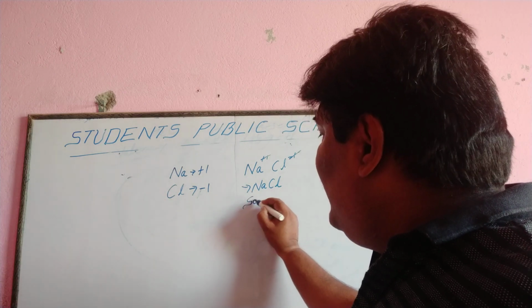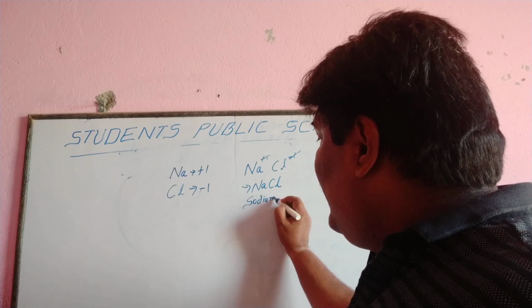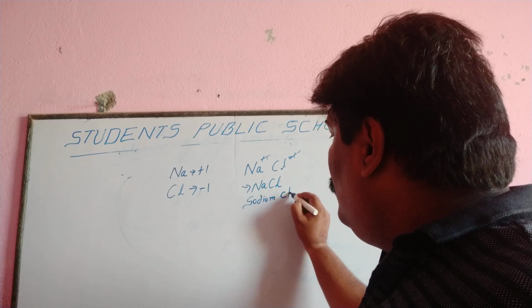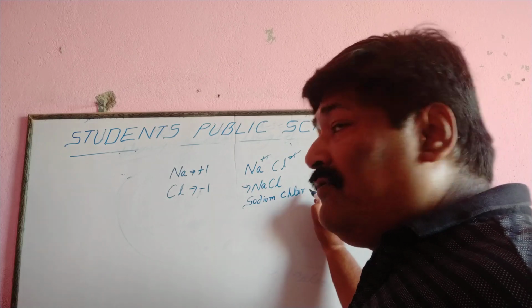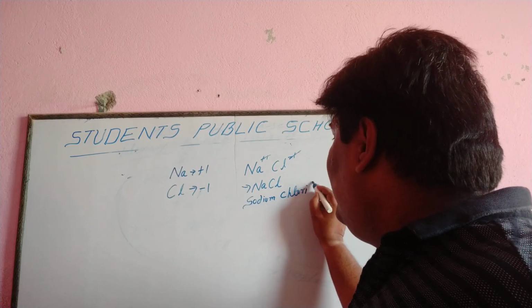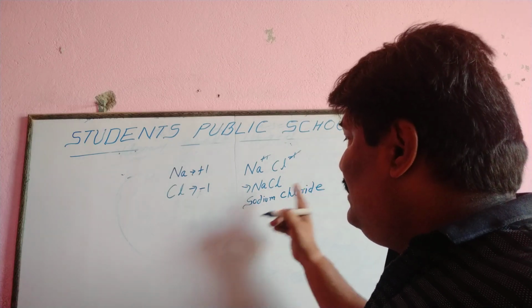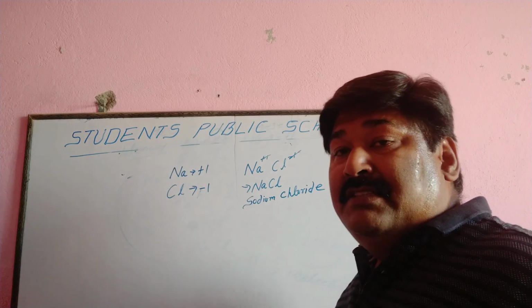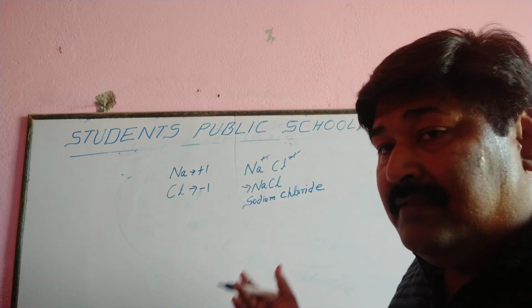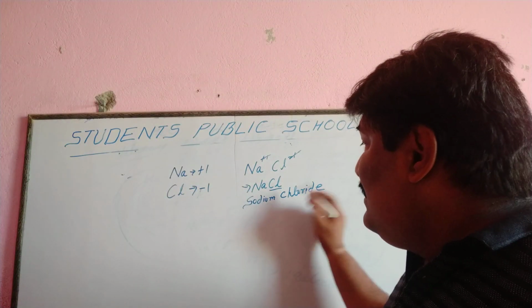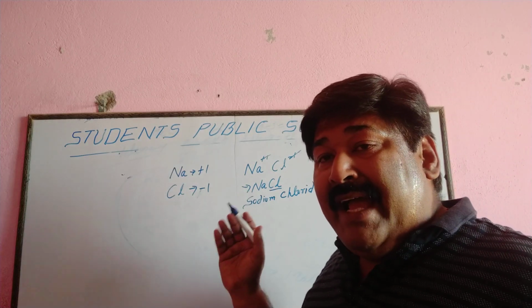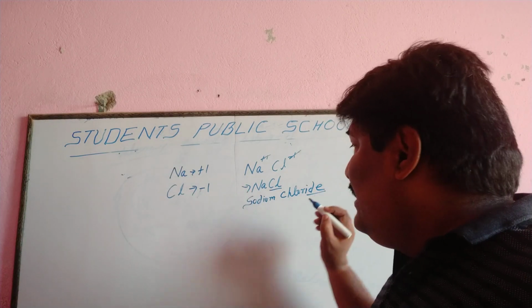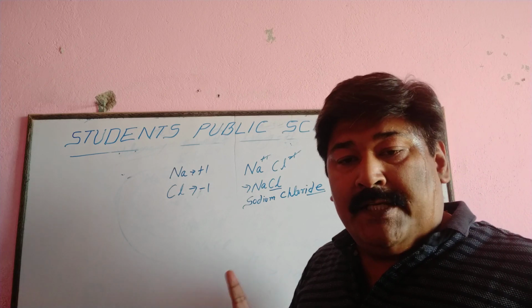Sodium is named the same, sodium, then in place of chlorine we write chloride. Sodium chloride, sodium bromide, sodium fluoride: the non-metal part is written on the right side and a slight change is made in its name. Okay?